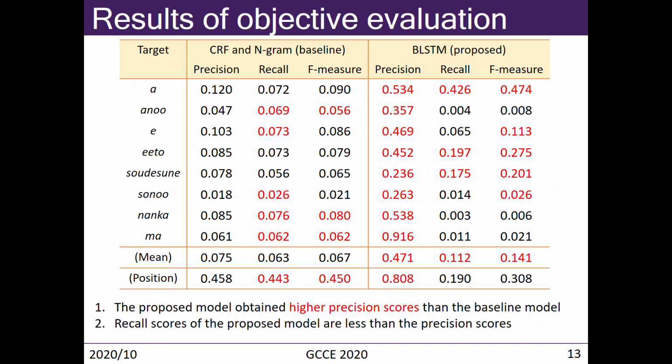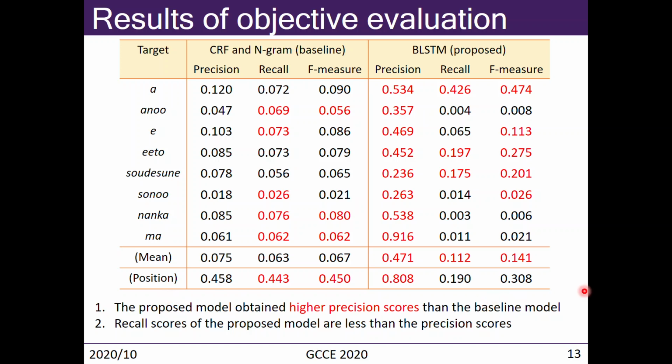This is the result of the objective evaluation. These 8 lines represent the result of the evaluation for each filler. Mean denotes the mean scores of these fillers. Also, position is the evaluation results for the insertion position of the filler.